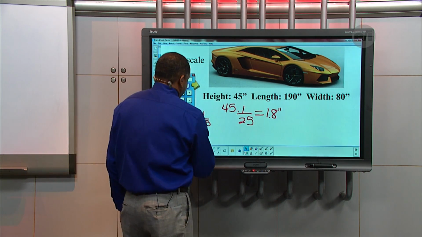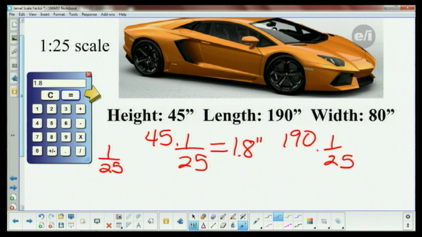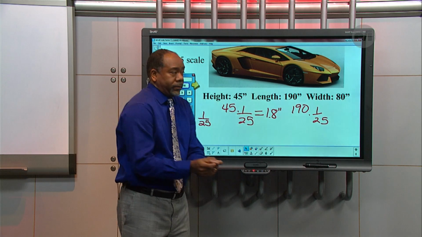If I take a look at the length, it is 190 inches. That's pretty long. I multiply it by that scale factor, 190 divided by 25, and I get 7.6 inches long. Not very long.